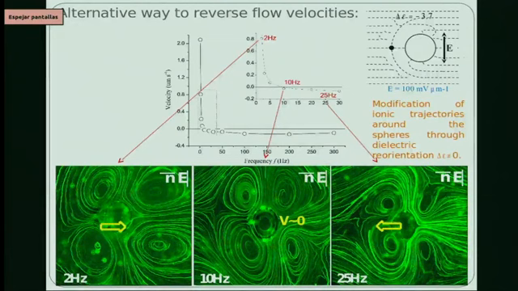We can see that in the case of high frequency, for example, we have the same case as before. But as I decrease the frequency, the flows can be completely balanced, so the particle doesn't move at all. And in the case of low frequencies, we can reverse completely the direction of the flows. And the pattern shows precisely this.